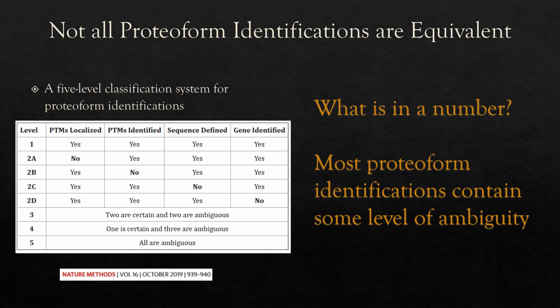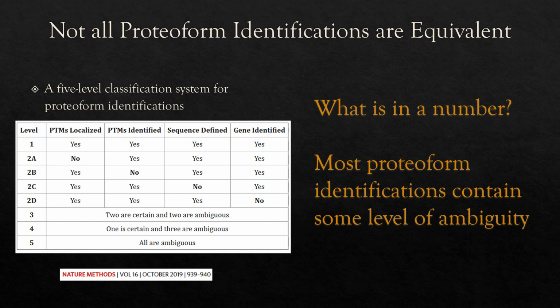If you think about it, we don't always know for a particular proteoform what all the PTMs are. Maybe we know what the PTMs are, but we don't know where they're located. Maybe we know a particular proteoform belongs to a protein, but some piece of it has been truncated and we don't know how much or what has been cleaved away.